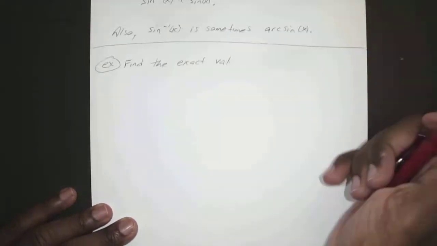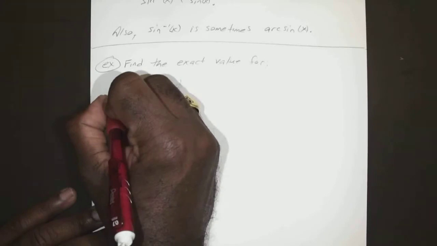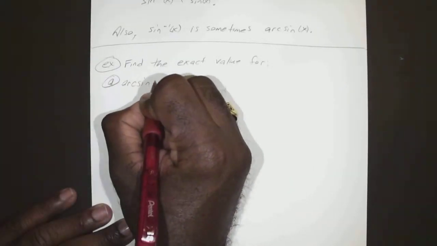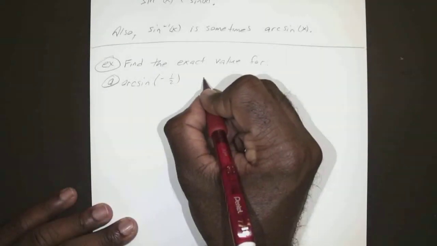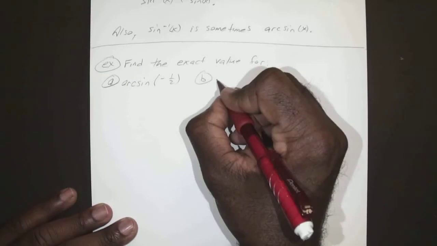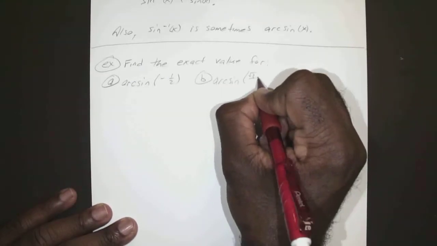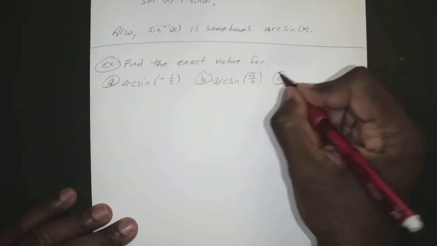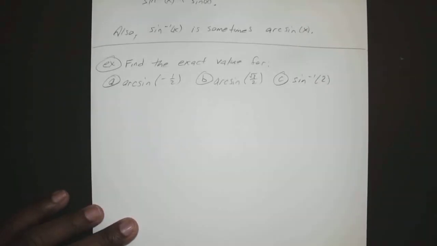Let's say for problem A, arcsine of -1/2. Say for problem B, arcsine of square root of 3/2. And let's say for C, sine inverse of 2.